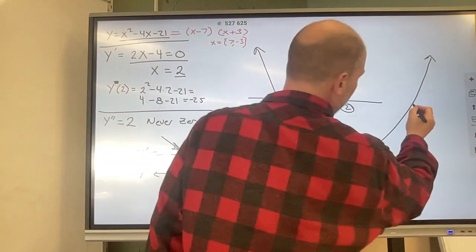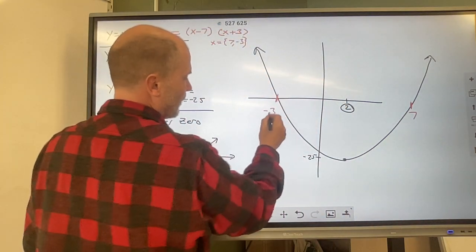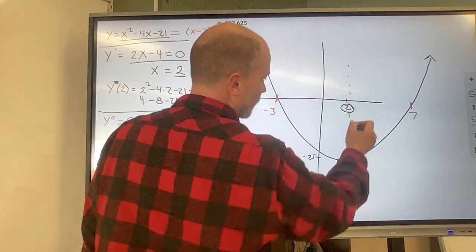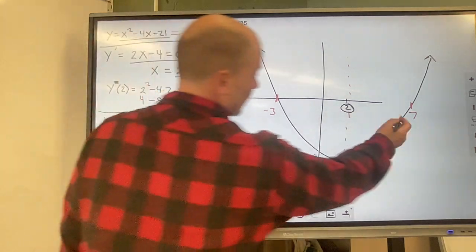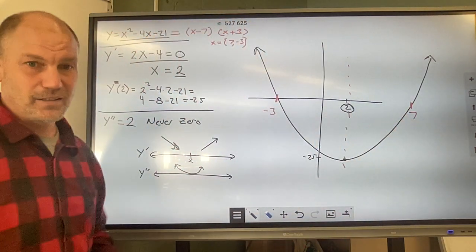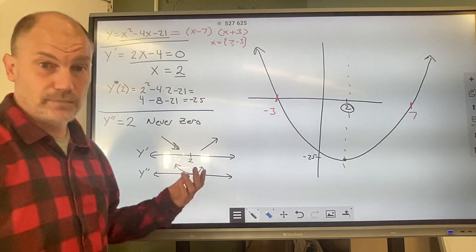And notice over here, this you could argue is about 7, and this is about negative 3, but it is certainly symmetric about our vertex, right? This distance here is 5 units, this distance here is 5 units, so it's working out exactly how we normally graph it. Anyway, there you go.